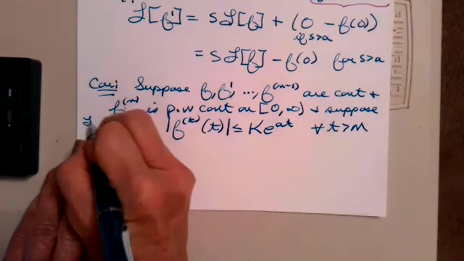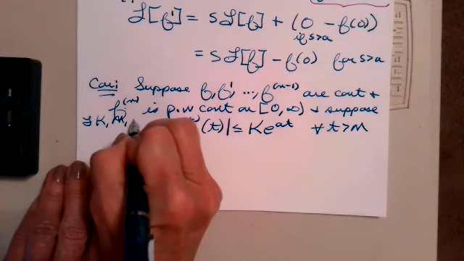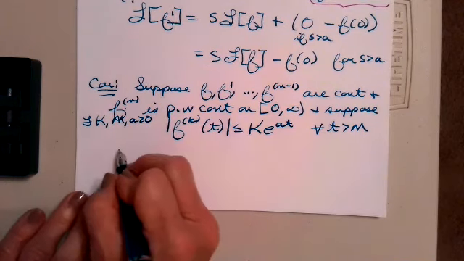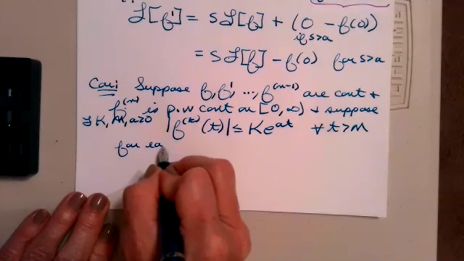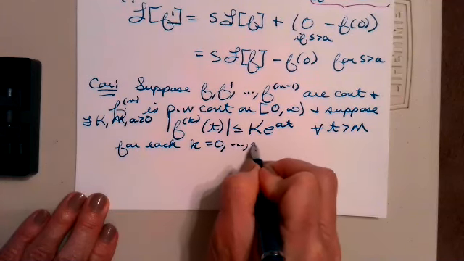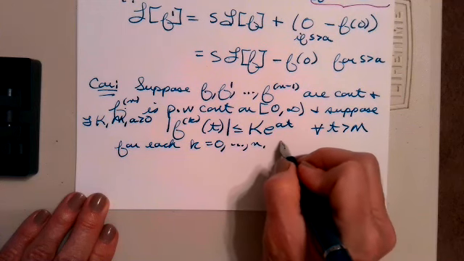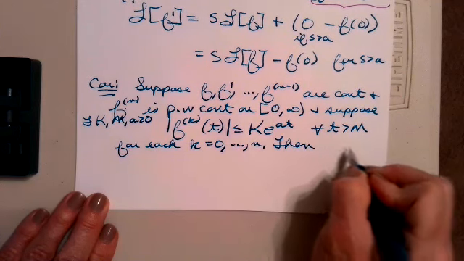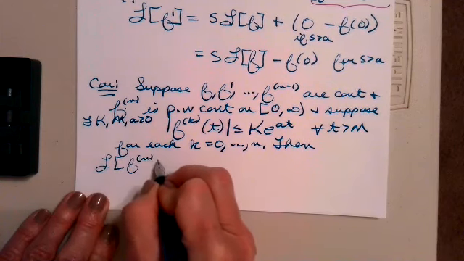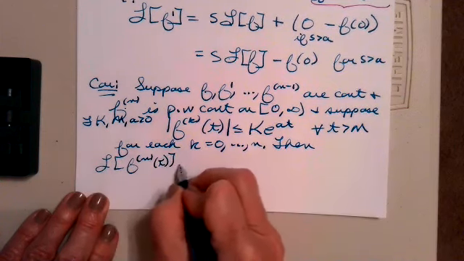Suppose there exists a k, m, and an a positive, so that this is true for each k from 0 up to n. And the Laplace transform of the nth derivative of f of t exists.